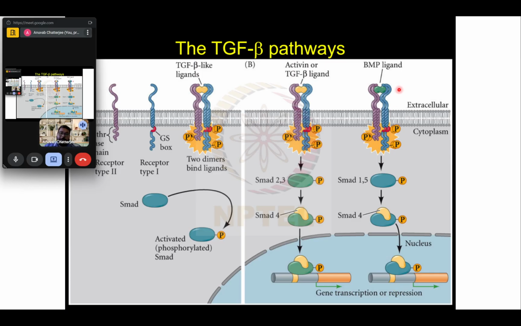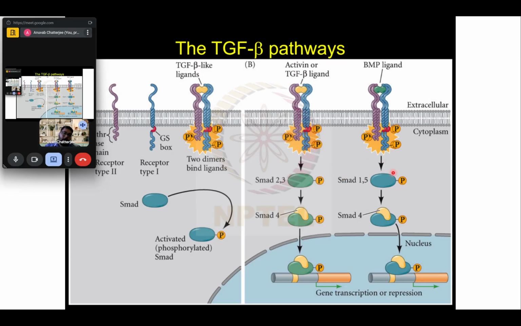So essentially the pathway is pretty simple. Ligand binds, it causes transphosphorylation and activation of the receptor. Receptor then phosphorylates either SMAD2/3 or SMAD1/5 via the type 1 receptor. So type 1 is the one that phosphorylates the downstream targets, whereas type 2 transphosphorylates the type 1.